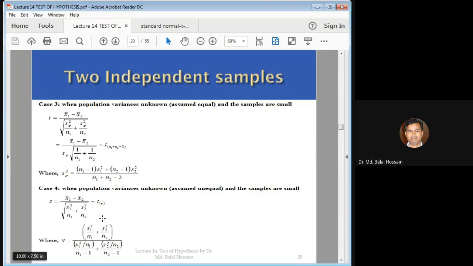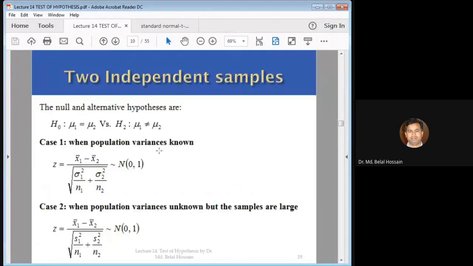So when the variances are unequal and the sample size is small, it still follows the t distribution. In the third case, when variance is assumed equal and the sample size is small, they follow the t distribution. And in the first two cases, when variances are known or the sample size is large, they follow the Z distribution.